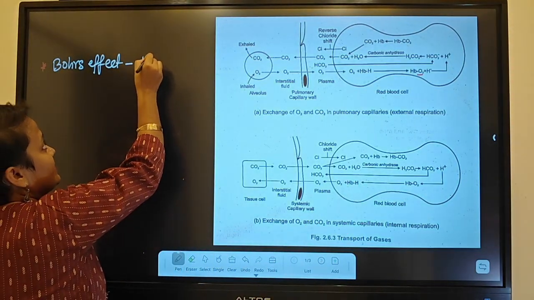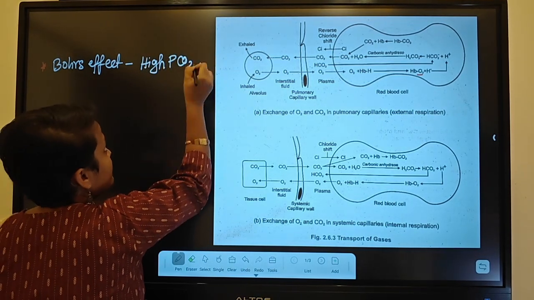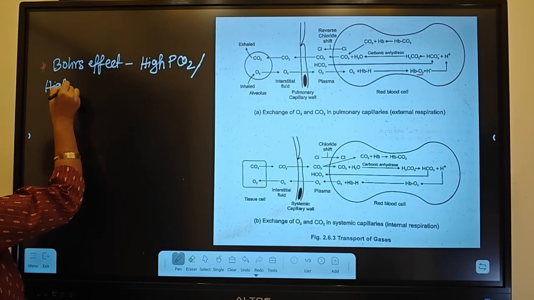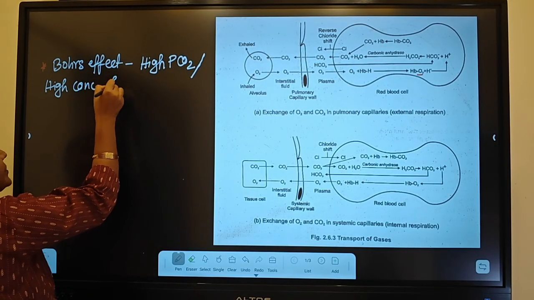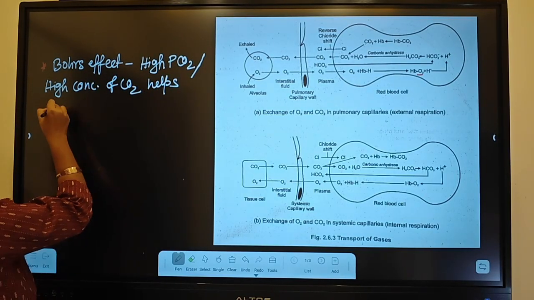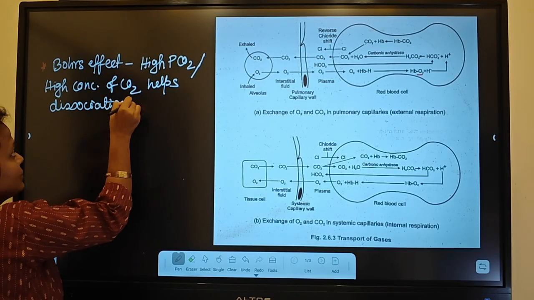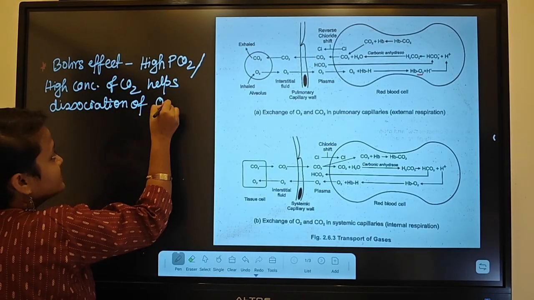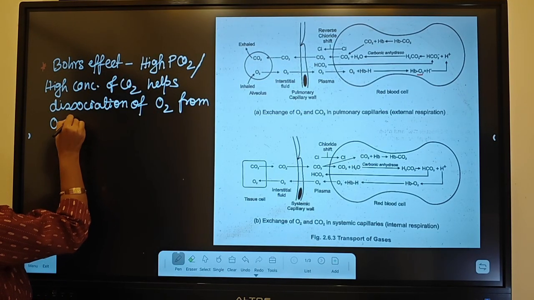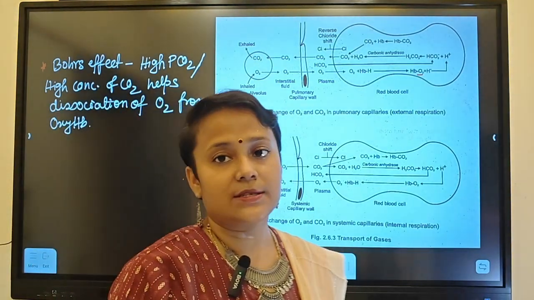So high PCO2, or high concentration of CO2, helps dissociation of oxygen from oxyhemoglobin. That effect is called Bohr's effect.